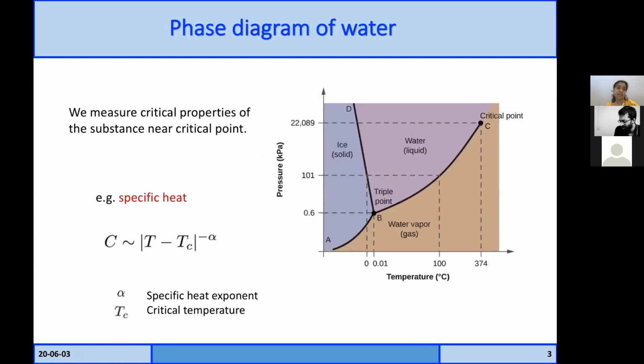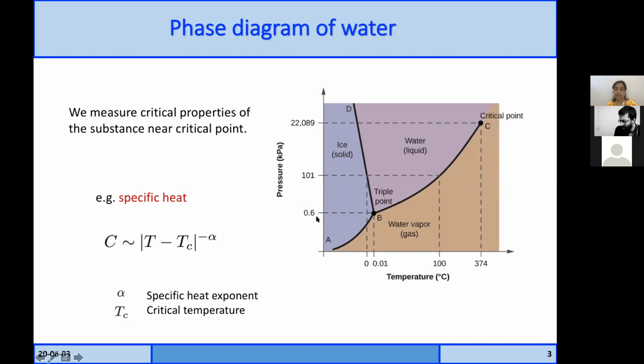So let's start with a canonical example, the phase diagram of water. This is the pressure-temperature curve of water, and this is the critical point of water. Now, we know that a critical point is a point at the end of a phase equilibrium curve where a continuous phase transition occurs. A phase transition is a point in parameter space where the free energy becomes a non-analytic function of one of its parameters.